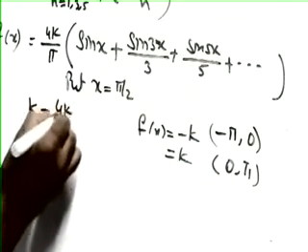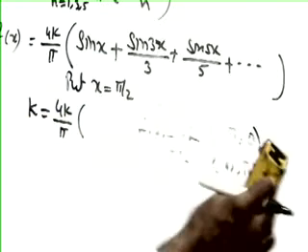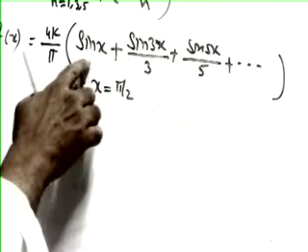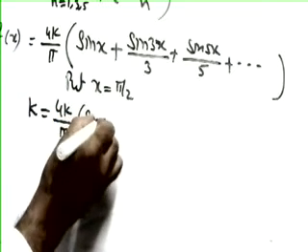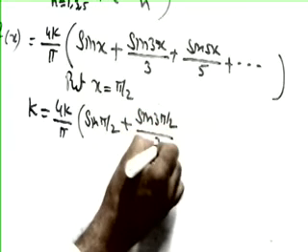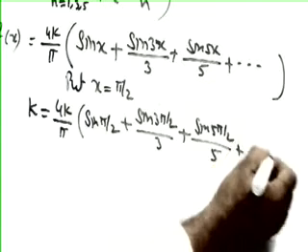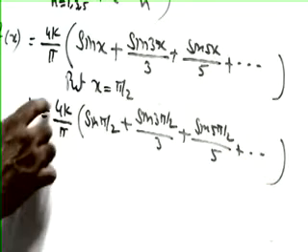Therefore f of x is k equals 4k by pi into, if you expand this, sine pi by 2 plus sine 3 pi by 2 by 3 plus sine 5 pi by 2 by 5 plus so on.